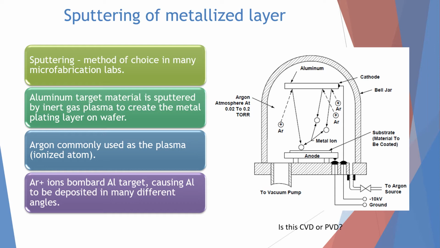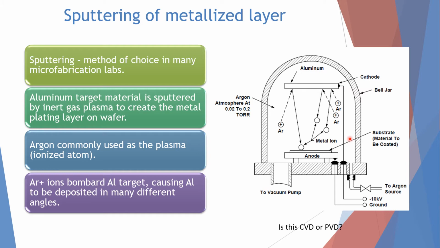So what is the process of sputtering? It is a process where the aluminum is the target material. In here you will see this is the cathode, and this cathode is aluminum in material.